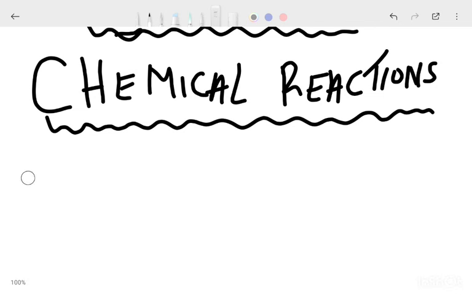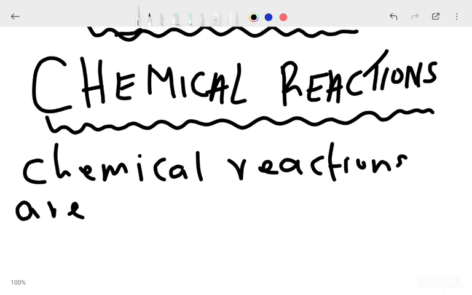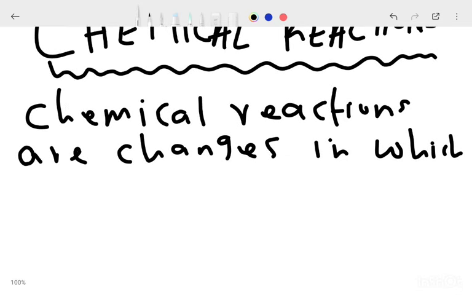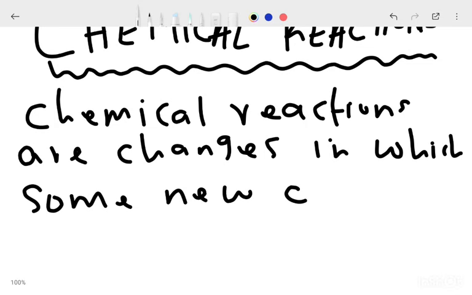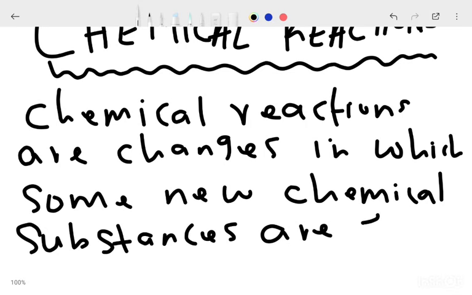Chemical reactions are changes in which some new chemical substances are formed.